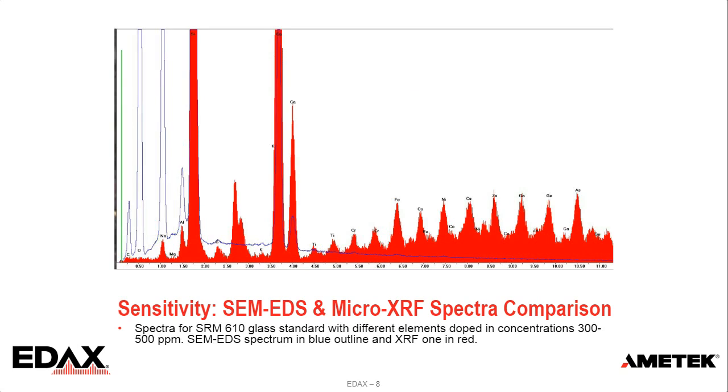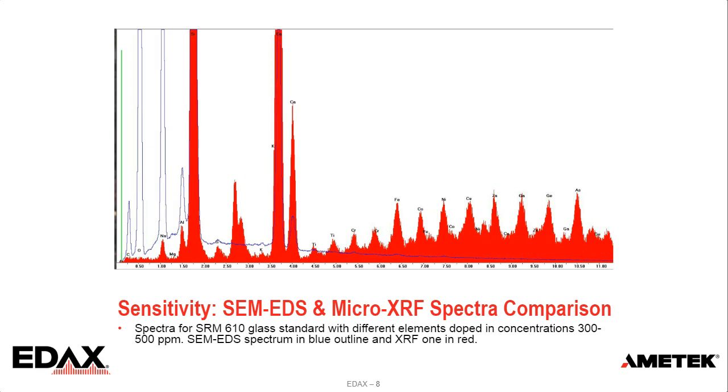This is another example, for a glass standard. This glass standard has different elements doped in at concentrations between 300 and 500 ppm. We see the SEM-EDS spectrum in blue outline. It has very nice carbon and oxygen peaks, and the sodium peak is also much higher than the peak from the XRF spectrum.